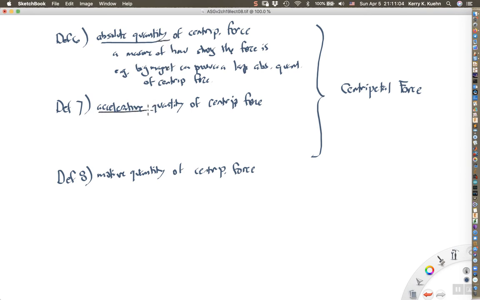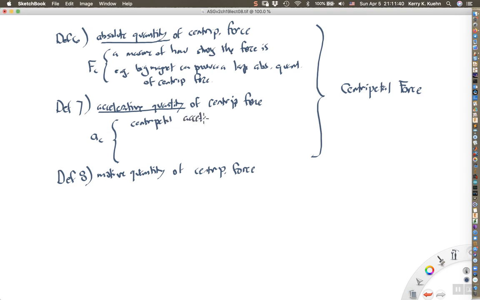Now, what about the accelerative quantity of centripetal force? Oh, by the way, I'm going to write this right here. This is F sub c. The size of this number tells us what the absolute quantity of centripetal force is. The accelerative quantity of centripetal force, I'm going to suggestively write A sub c, because what he's talking about here is nowadays what we would call the centripetal acceleration. He calls it the accelerative quantity of centripetal force.